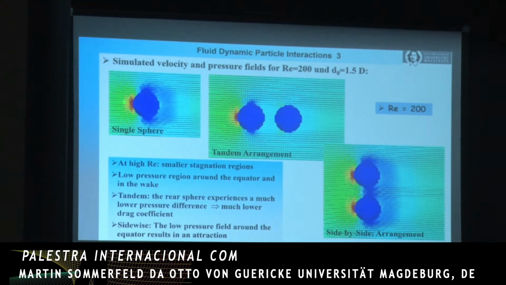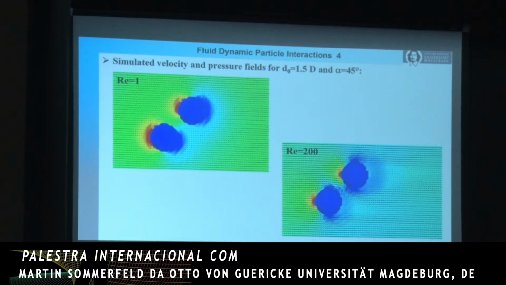So you have, first of all, smaller stagnation regions. You have a larger wake, and you have a wide, low pressure region around the equator of the sphere. On this side, which of course gives you a strong interaction and this sucking effect when the spheres are close together. You overtake the truck.